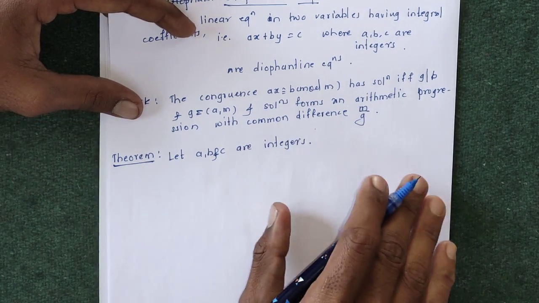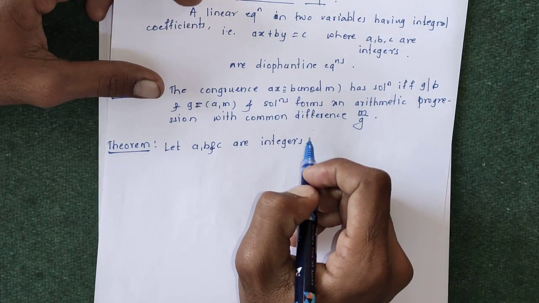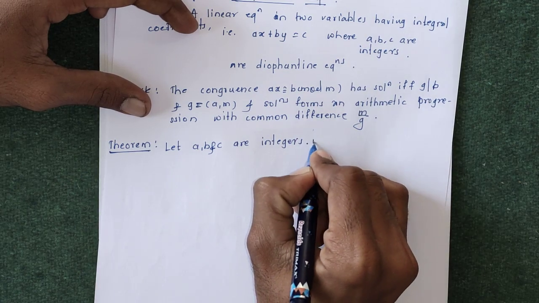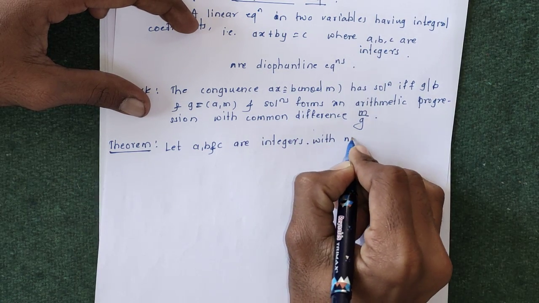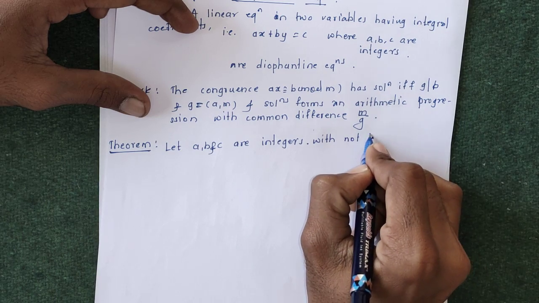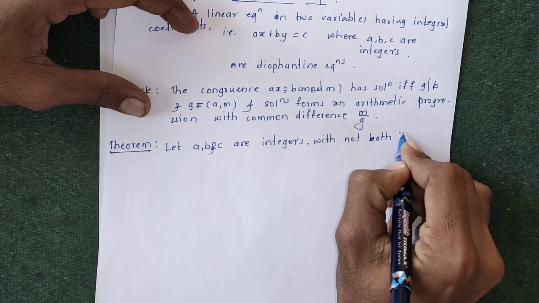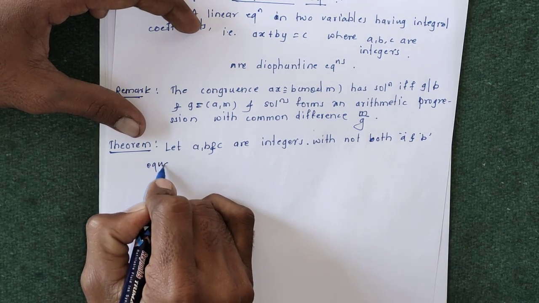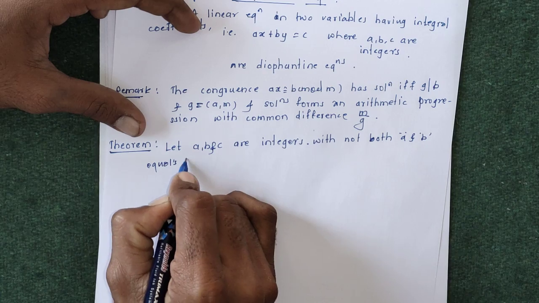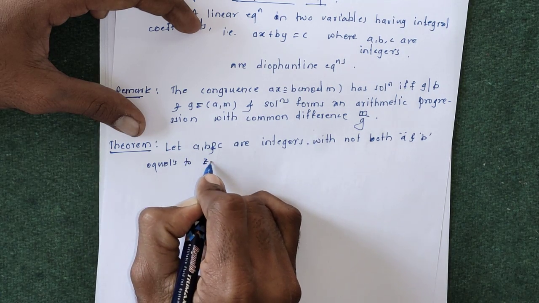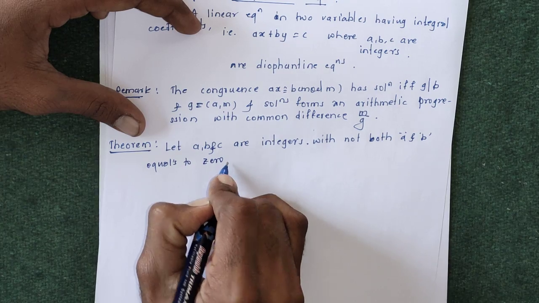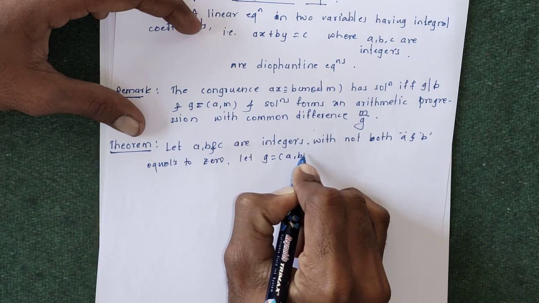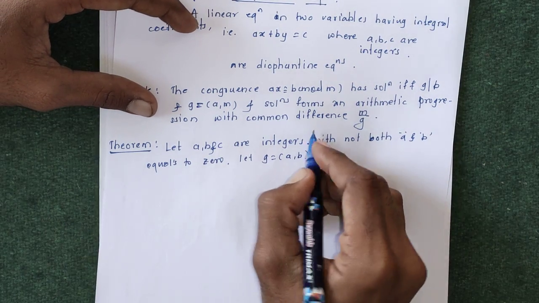This is an important theorem as far as the university examination is concerned. Let a, b, c be integers with not both a and b equal to 0, that is, a and b are not both zero. Let g be the greatest common divisor of a and b.